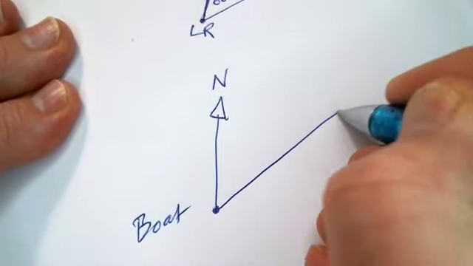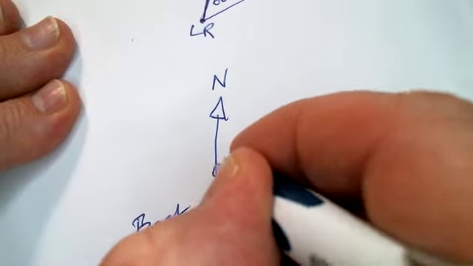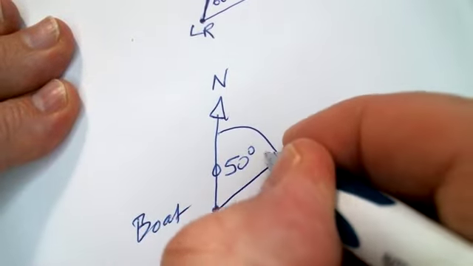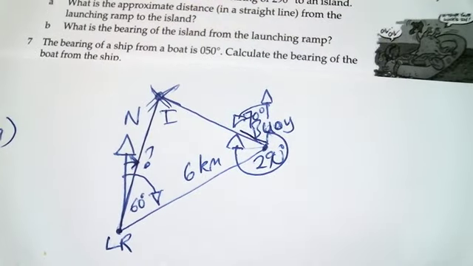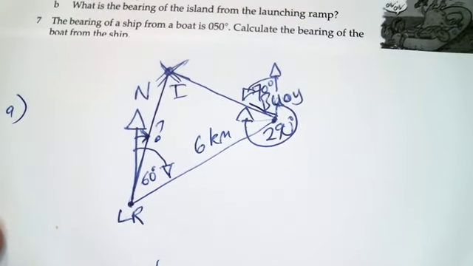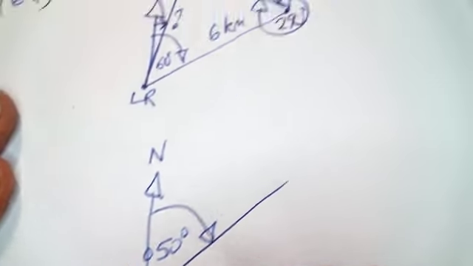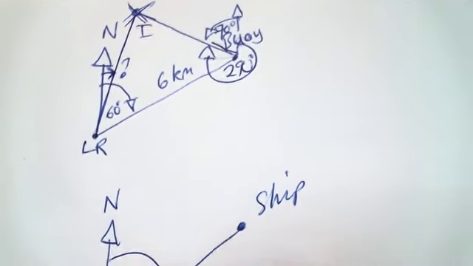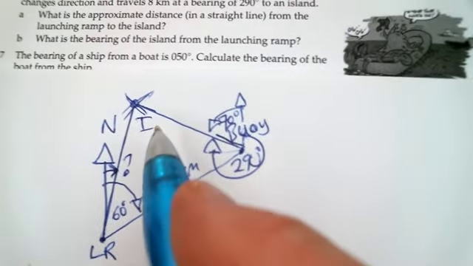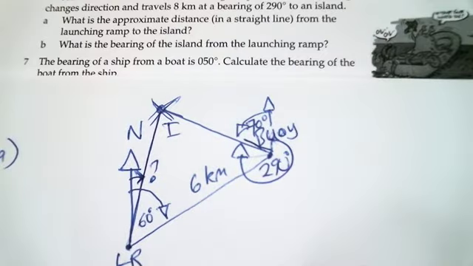Let's say that's 50. And so that's the boat, and it's from the boat to the ship. The ship's over here. And now the question is, calculate the bearing of the boat from the ship.